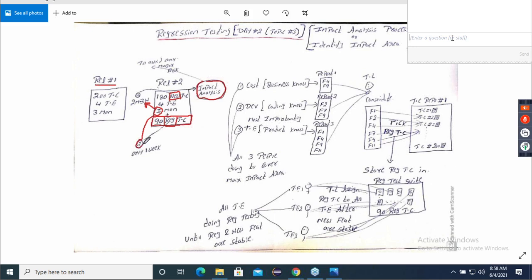Why? For new features they are giving 2 months, 3 weeks, but for regression features only 1 week. Why so much less time for regression features? Correct, because they are already tested.